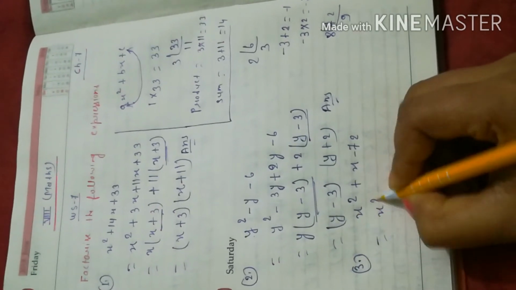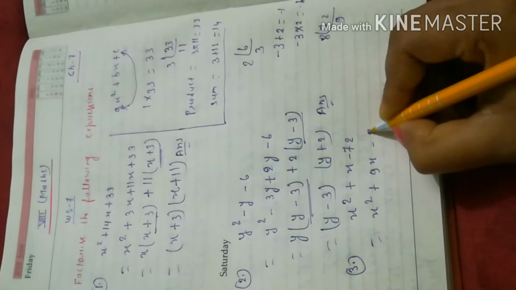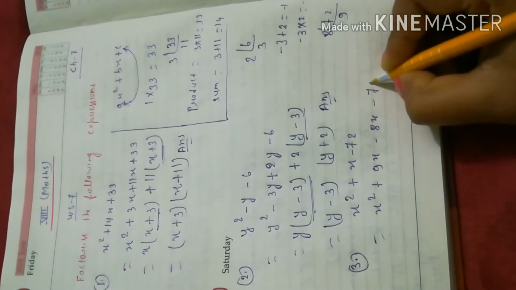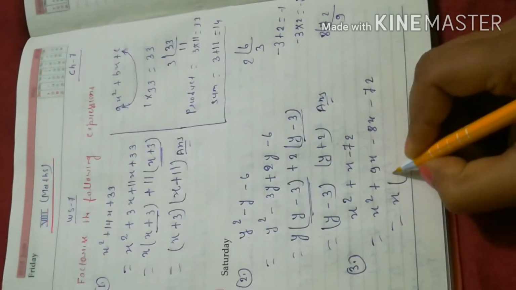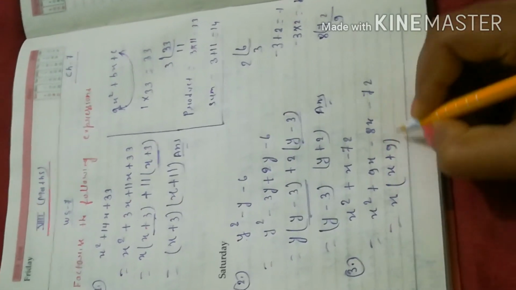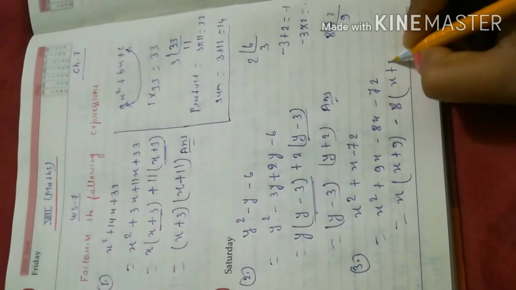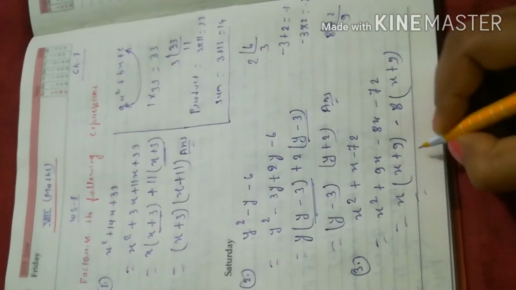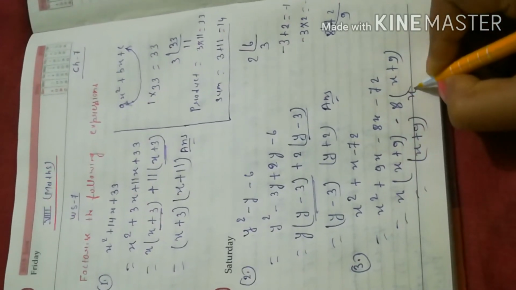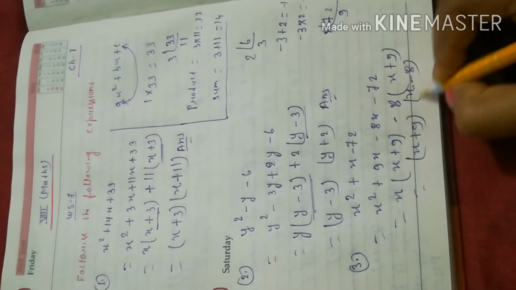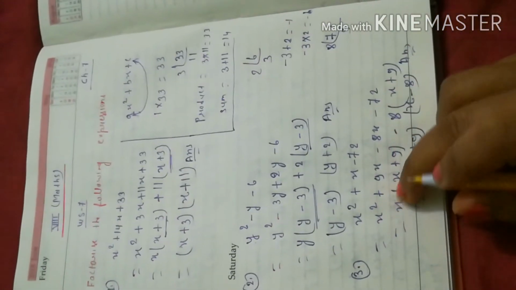So we will write x square plus 9x minus 8x minus 72. We will take x as common: x plus 9, minus 8 we will take as common: x plus 9. 8 nines are 72. So we can write x plus 9 into x minus 8. In this way we have completed question number 3 also.